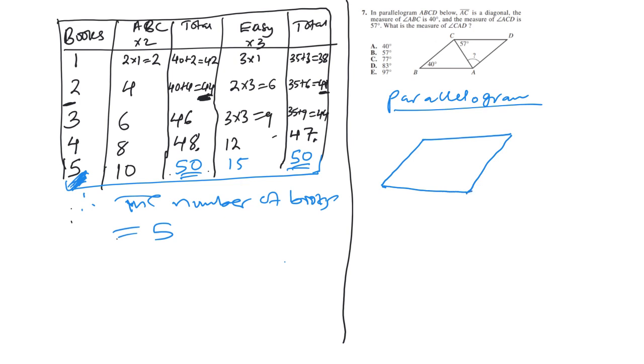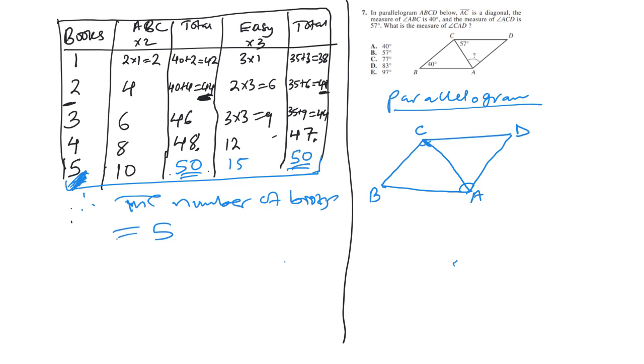So this angle is equal to this angle, but they are crossing, they are forming triangles here. And this is C, this is D, this is B, and this is A.